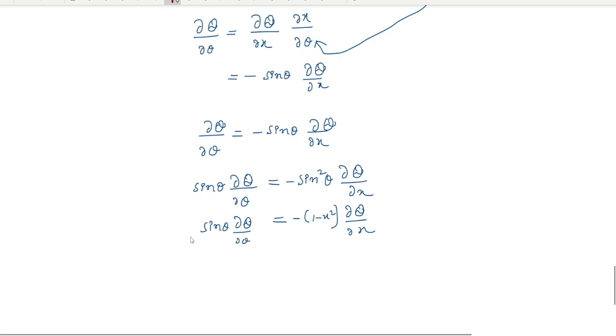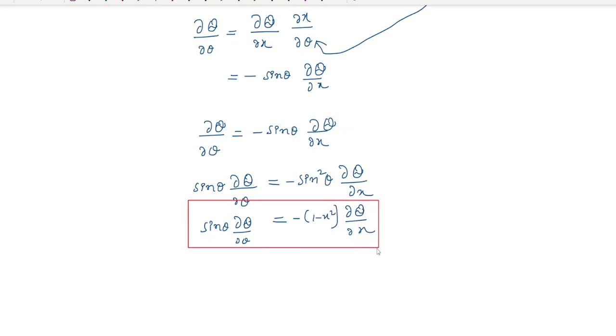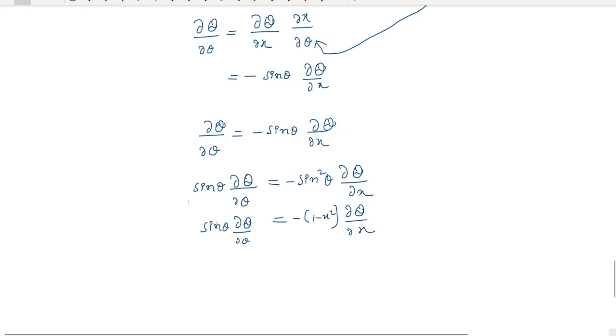Let's try to solve the remaining equations. First one, this one. I am using this equation.